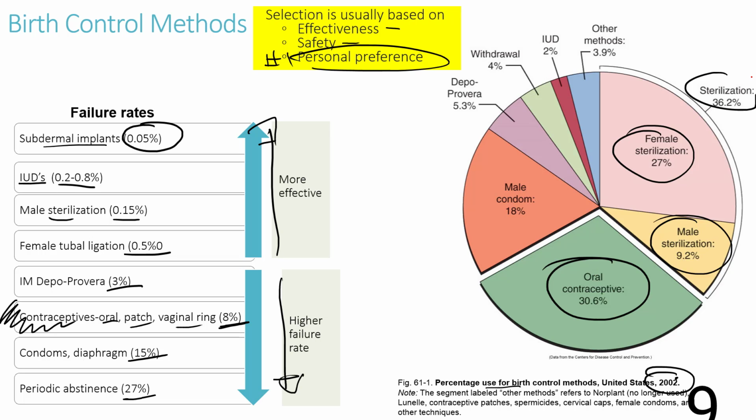So again, sterilization makes up just over a third. Male condom makes up about a fifth of the contraceptive use. And then if you look at this, right, Depo-Provera, which has a very high success rate, IUD, and other methods, they're not very commonly used, right? And it might be lack of information or access or something, but they're not very commonly used, even compared to, say, a male condom.